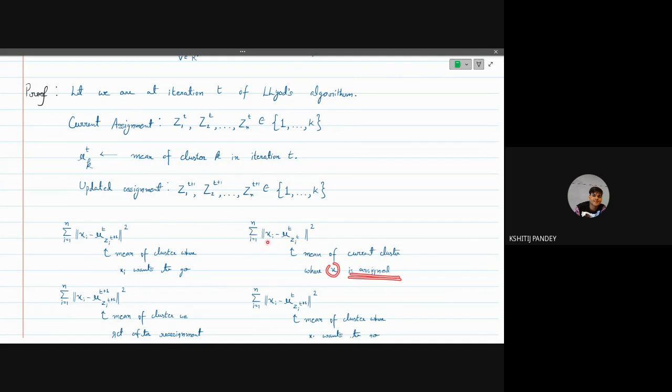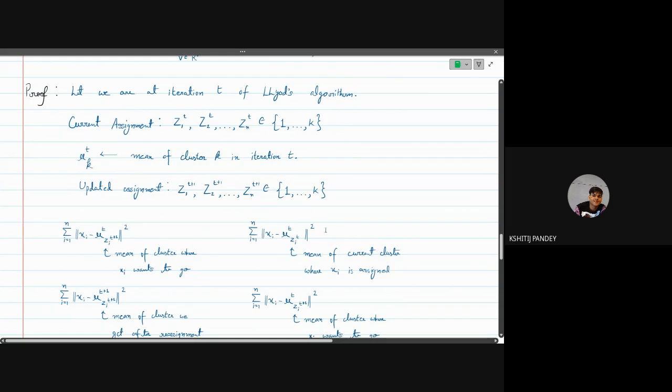So this is the distance between the data point and the mean of its current cluster. Is this objective function clear? What it is representing? Yes, sir.